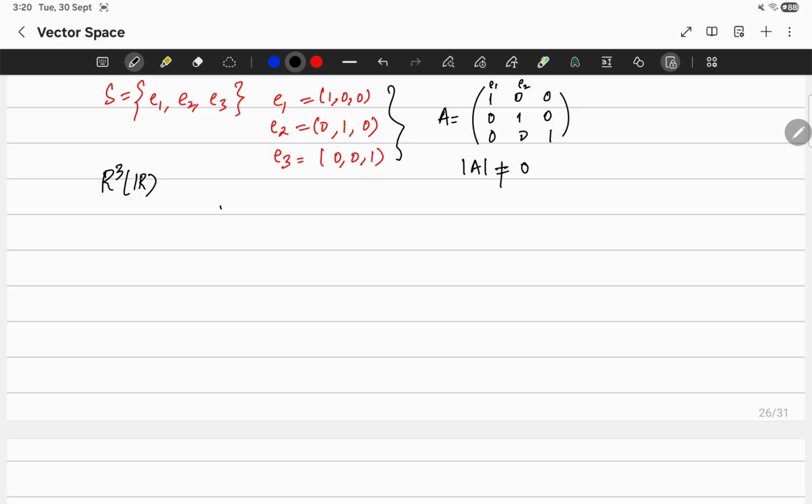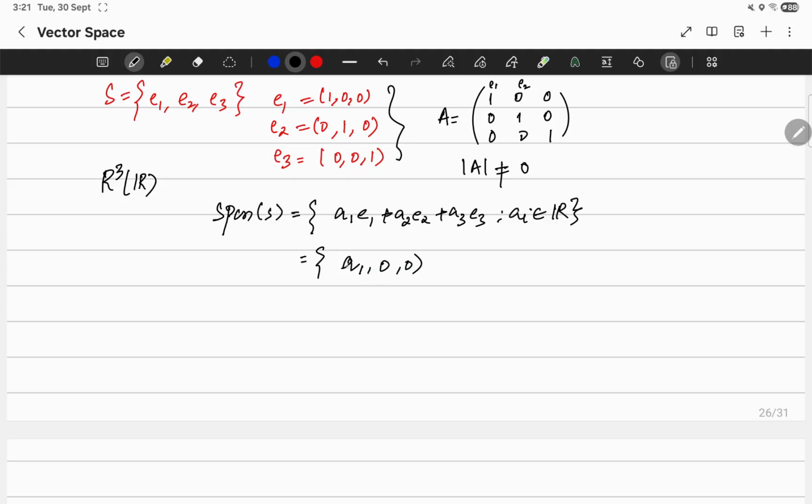Also, let's check what its span is. The span of S is a1 e1 plus a2 e2 plus a3 e3, where these ai are real numbers from the field. If you write it out, it will be (a1, 0, 0) plus (0, a2, 0) plus (0, 0, a3), such that a1, a2, a3 are real numbers.